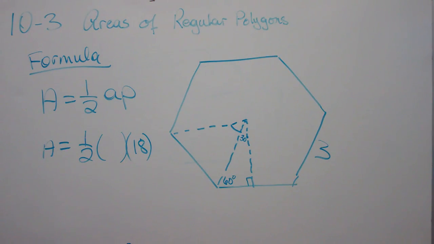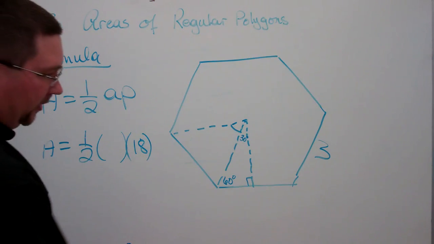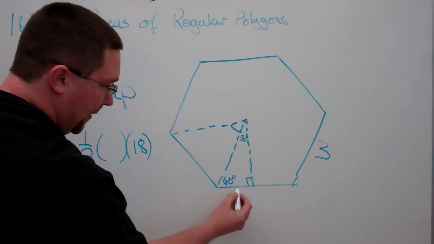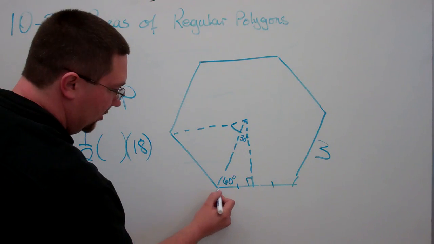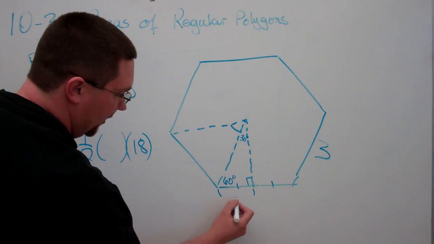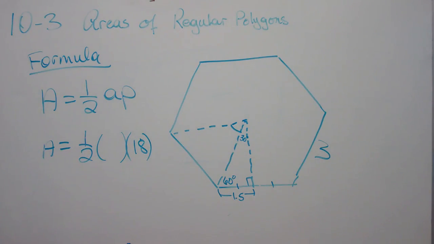I forgot to mention this, but it's important: the apothem bisects the side. So since the whole side is 3, from here to here is 1.5.